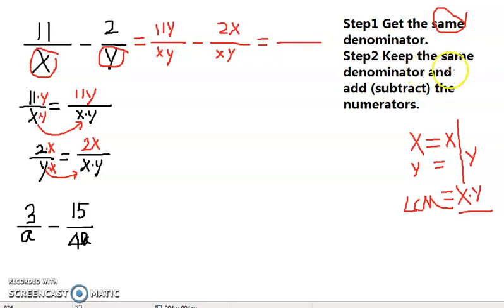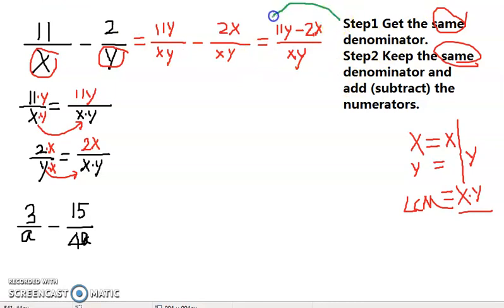So we're ready to subtract numerators. Following the second step, we're going to keep the same denominator, which is xy in this case, and add or subtract. We have subtraction here, so we subtract the numerators, 11y minus 2x. And we can pretty much stop here. There's nothing we can do about this, and that is the final answer.